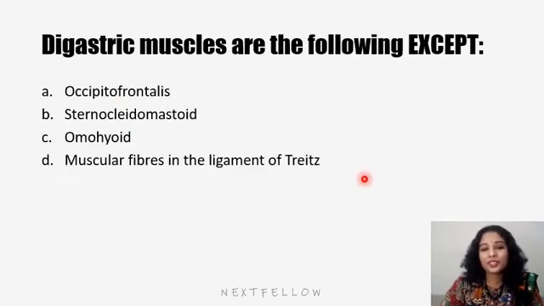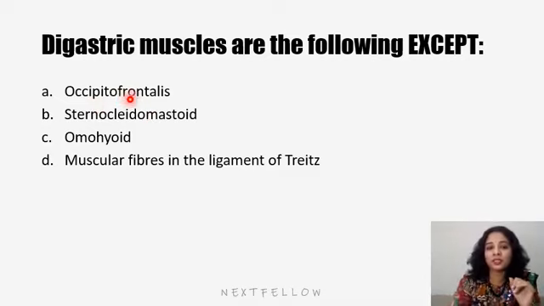Let's see a few questions related to the sternocleidomastoid. Digastric muscles are the following except. Digastric means the muscles which have two bellies connected by means of an intermediate tendon. Occipitofrontalis has both occipitalis and frontalis, so it is a digastric muscle.